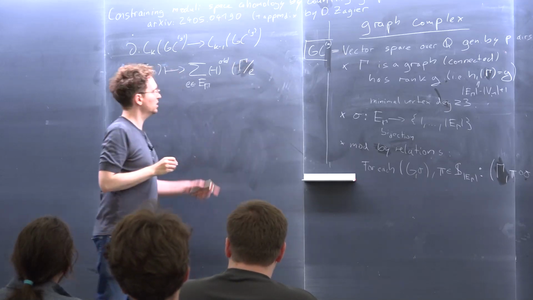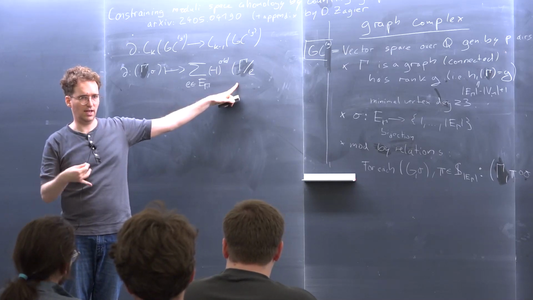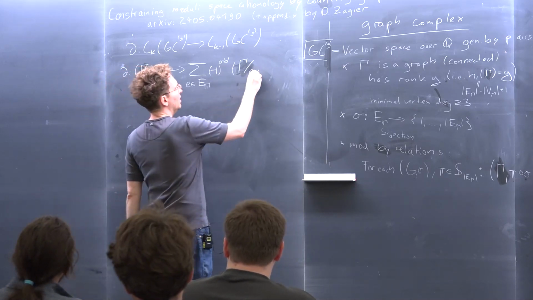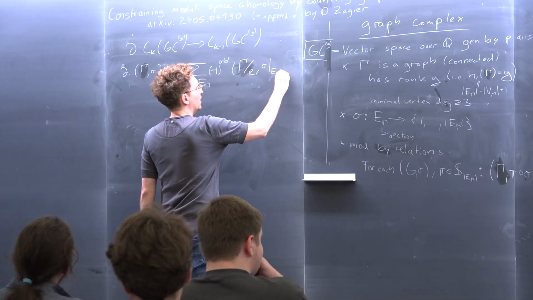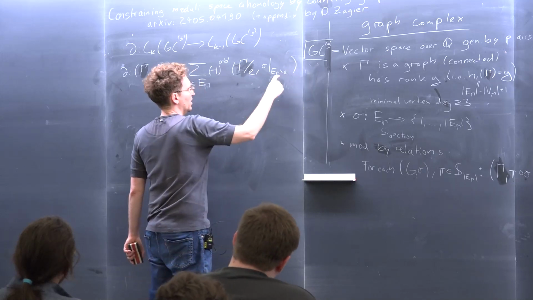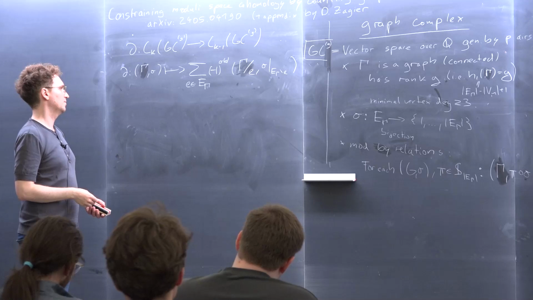We contract this edge, so it maps our graphs to the edge contractions, and we also take the ordering of the edges that is induced by the initial ordering in the natural sense.